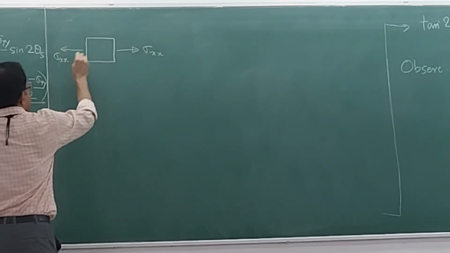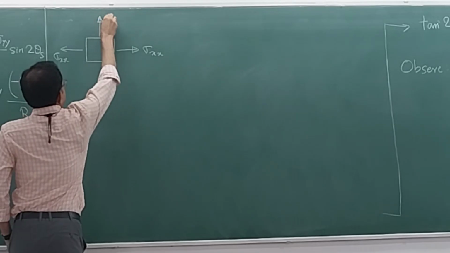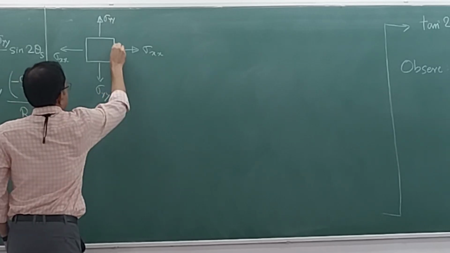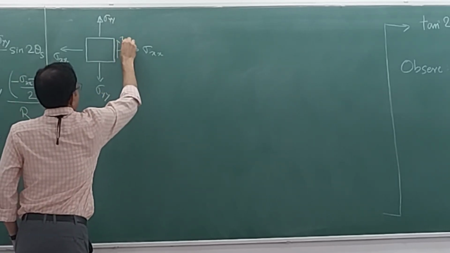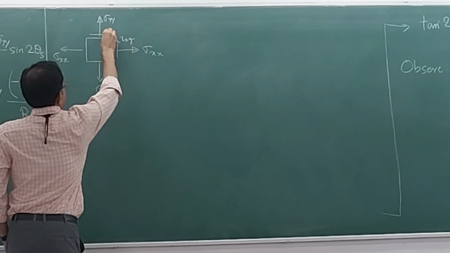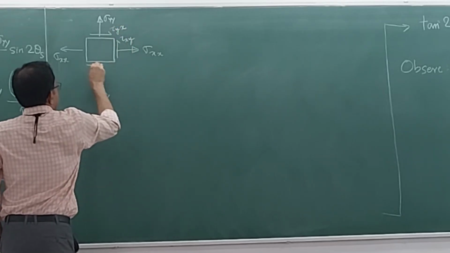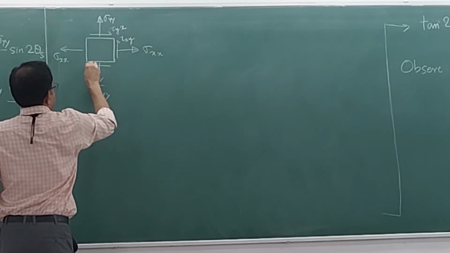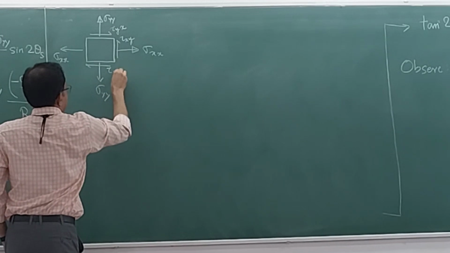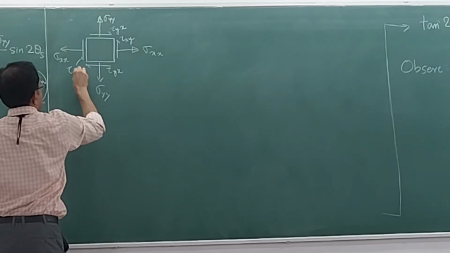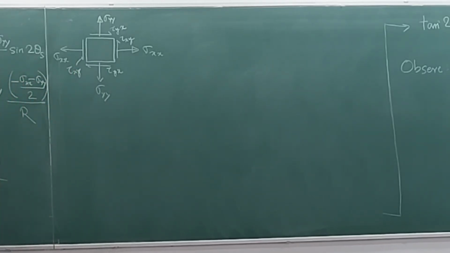This is sigma xx, this is sigma yy, this is sigma yy, and then here this is tau xy, this is tau yx. And this is tau xy. This is the general depiction.